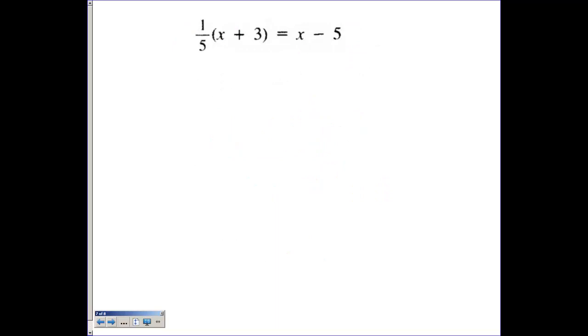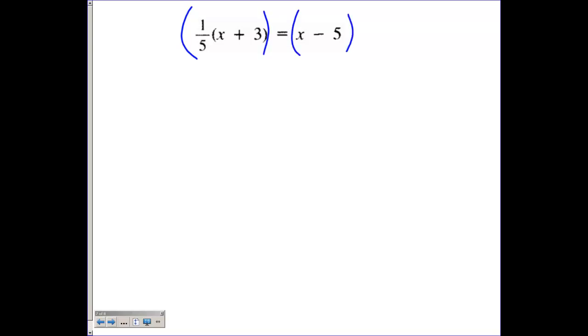Here's an example where we have a distributive property and we have a fraction. Now if you try to distribute that 1/5 to the x and the 3, you'll have fractions inside. My suggestion is to clear the fractions. And the way we do that is we multiply by whatever there is on the denominator of the fraction on both sides.